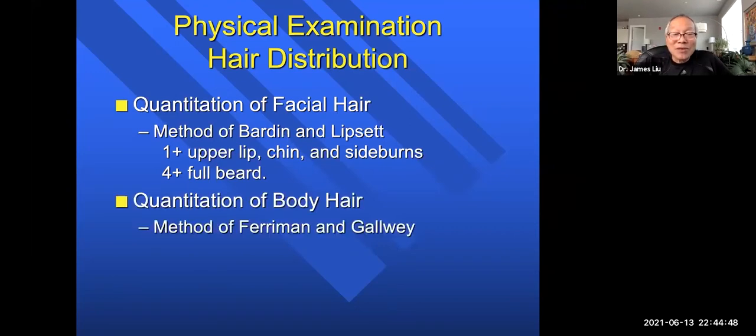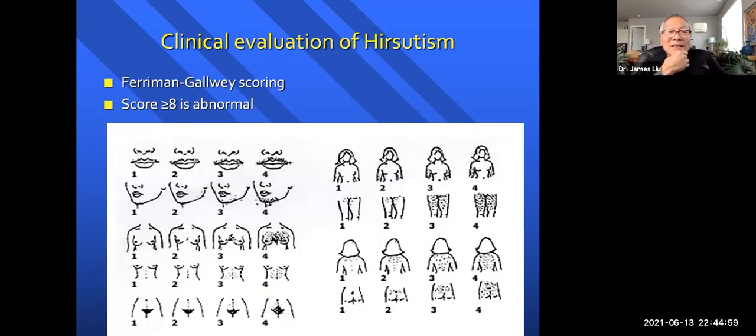The other method, which is a little bit more semi-quantitative, is looking at the entire body, 5 areas, the method of Ferriman and Gallwey. And on this slide, this is an example of that scoring.